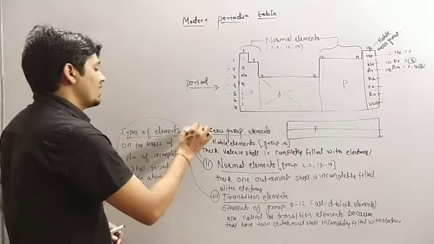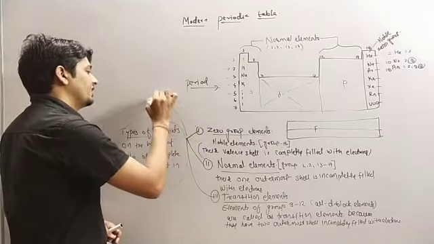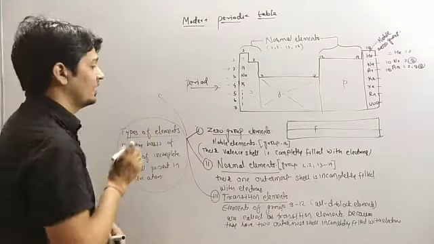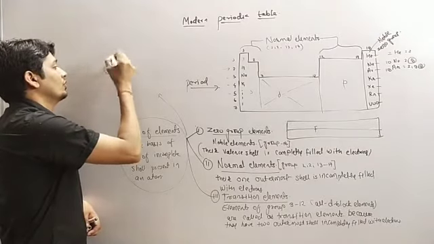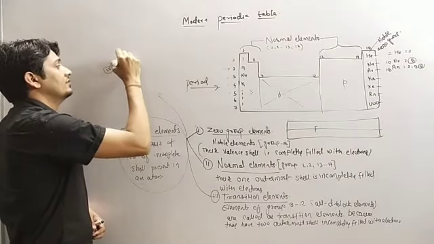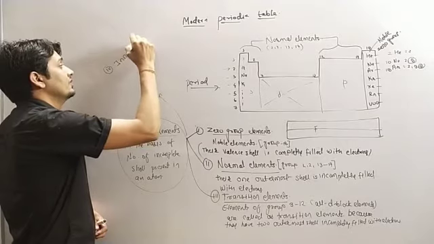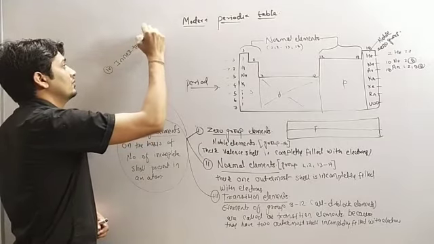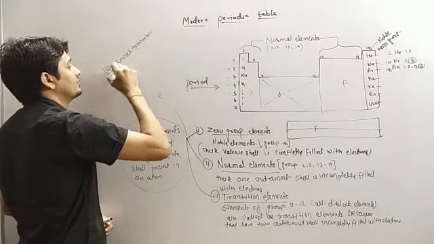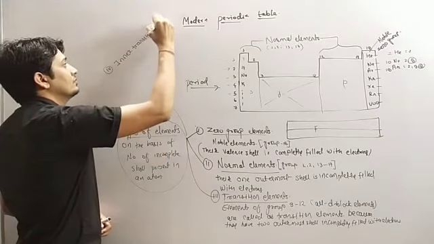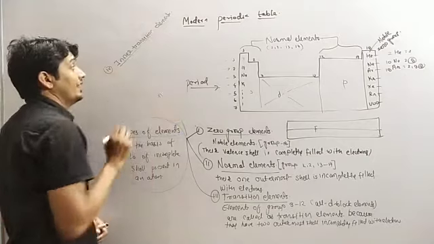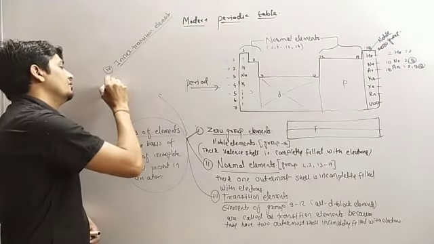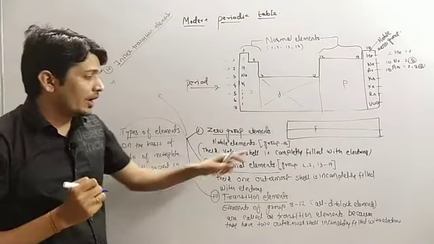Now we have last but not the least, that is the inner transition element, the fourth type. I am writing over here. The fourth type is inner transition element. So what are inner transition elements? The elements of F block.